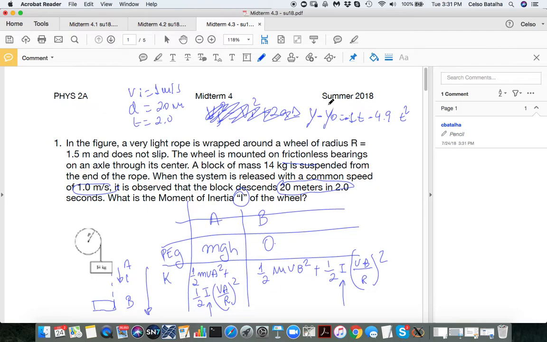If you take this as our y-axis, the initial position is the height, so that would be negative 20 and here 0. So our equation would be 0 minus 20 is equal to negative 1t minus 4.9 t squared.